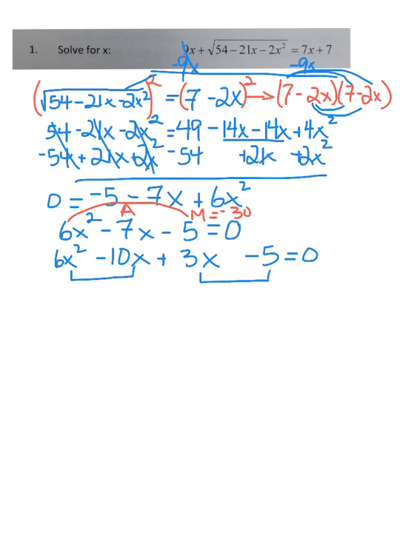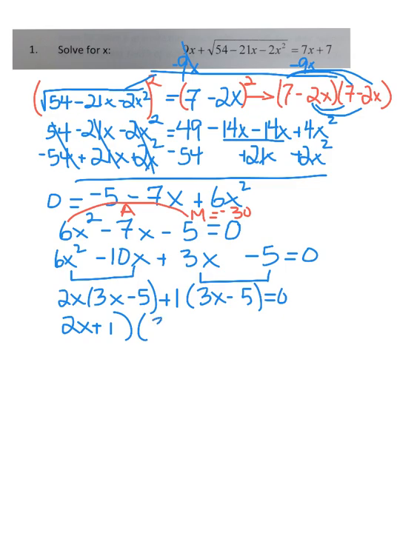My first group, I see that I have a common factor of 2x, and that's going to give me 3x minus 5. My next group, I don't have anything in common, so I'm just going to take out a 1, and I have 3x minus 5. So that gives me 2x plus 1 and 3x minus 5.